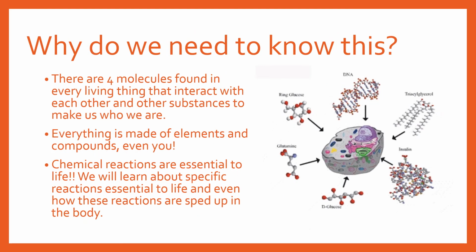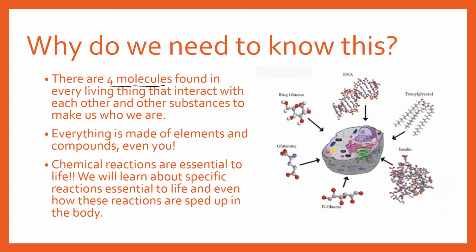So why do we need to know all of this? Why is it important for us to go into the land of chemistry when we're talking about biology? Well, in this particular unit, we're going to be talking a lot about 4 different molecules, 4 different compounds that are found inside every living thing interacting with each other in the environment, and they make us who we are. On top of that, everything is made of atoms and elements, including us. Every single part of our body is some combination of different atoms.